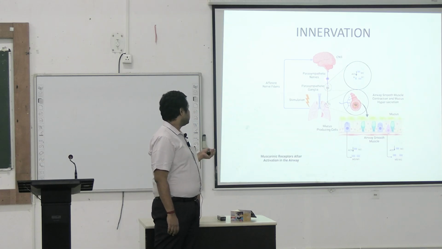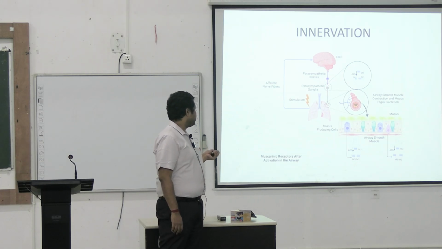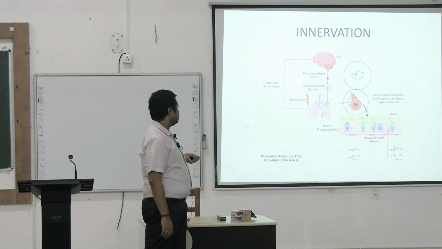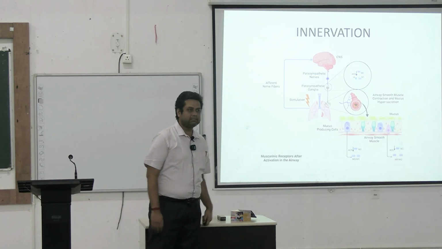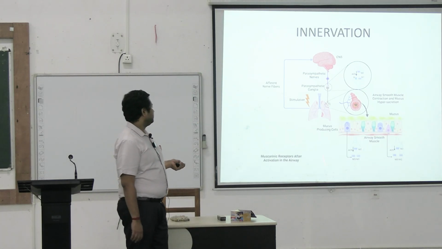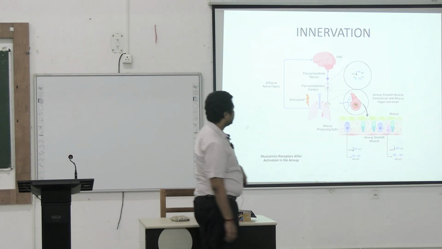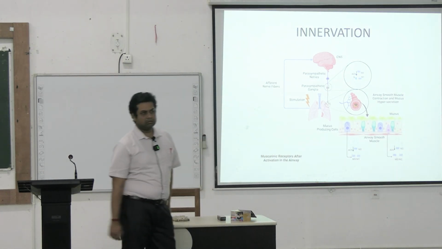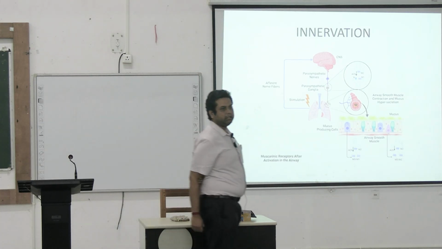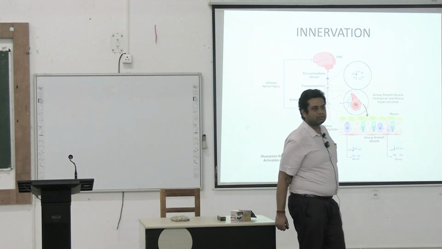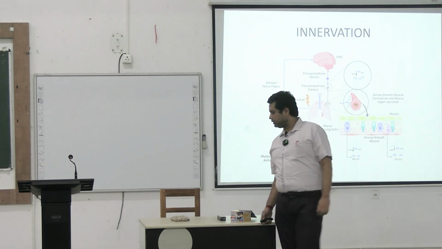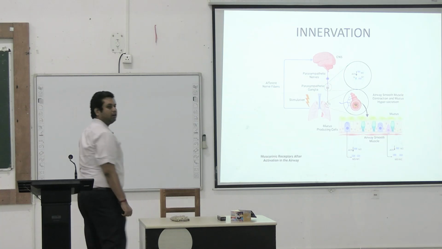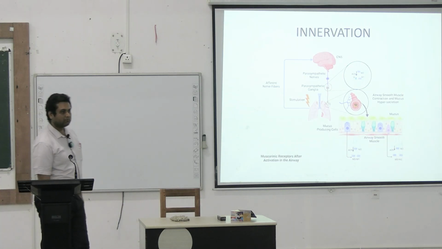Here you can see the nerve terminals are releasing ACh, acetylcholine, and the postganglionic receptors are chiefly M3. What will happen if M3 receptors are stimulated? Bronchoconstriction, and there will be increased secretion of mucus.